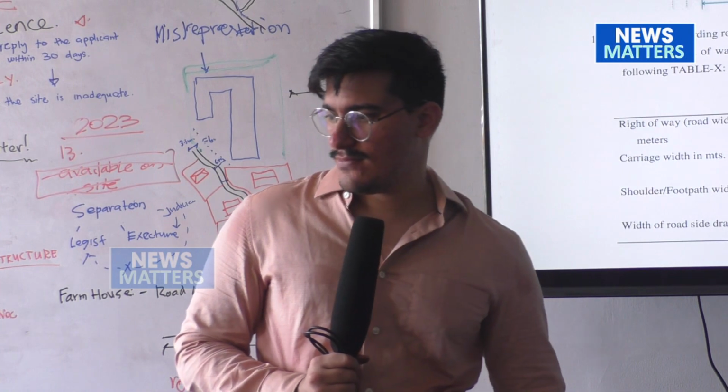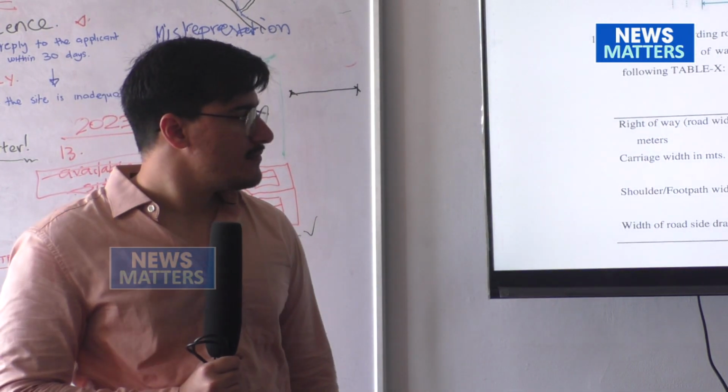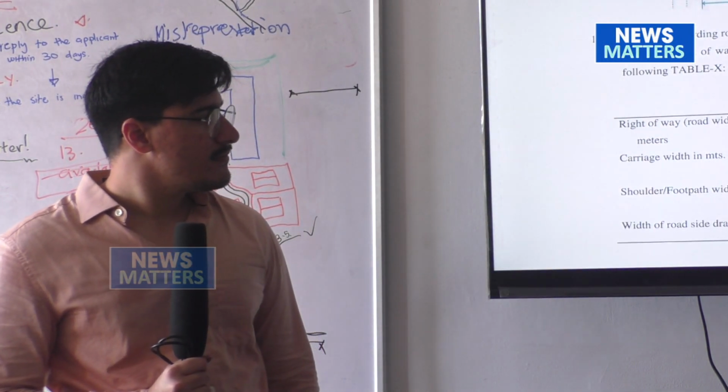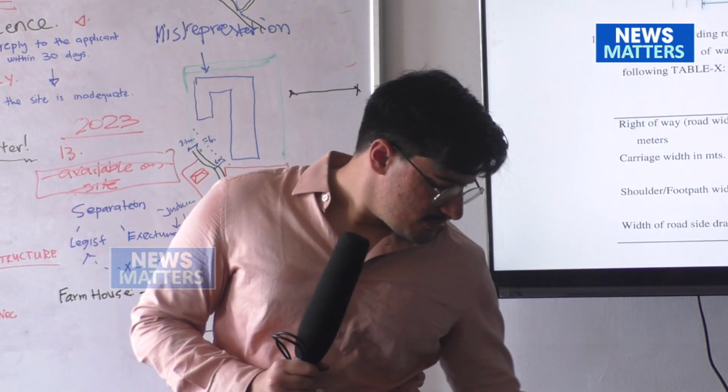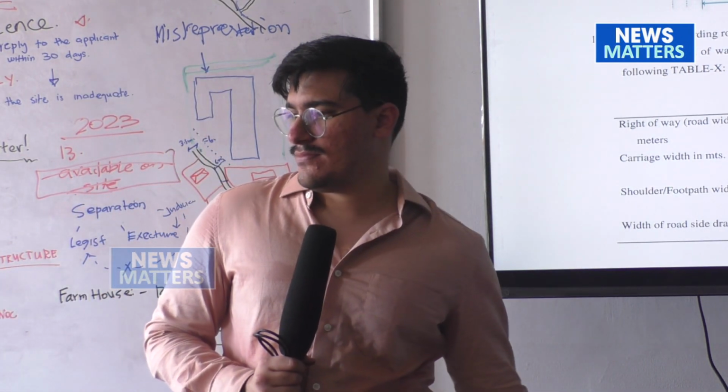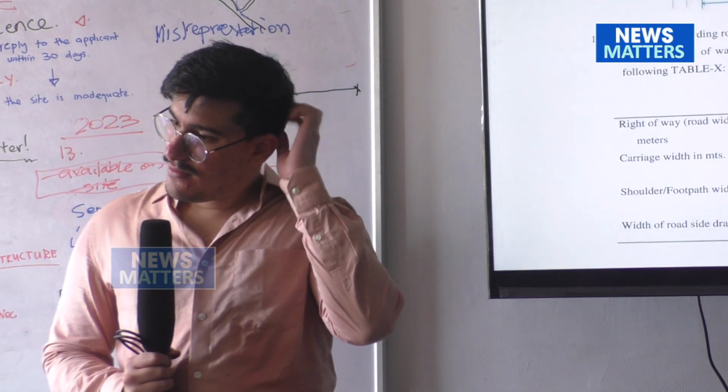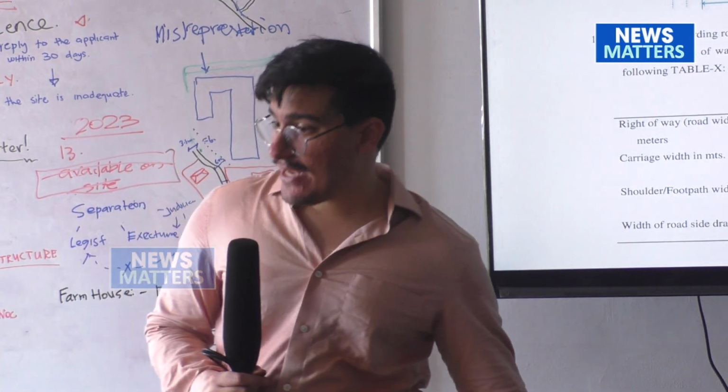Just one clarification I think you made earlier. What you are saying is that as long as the carriageway exists at 3.5 or more, they can say that the rest of the 2.5 is planned in the future.